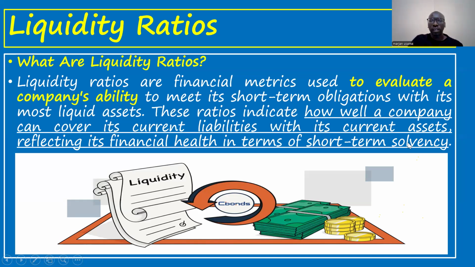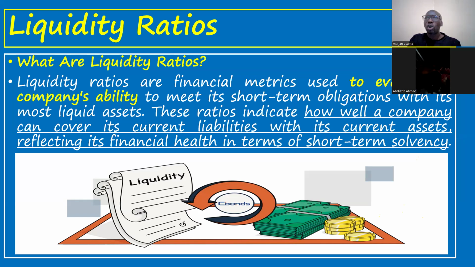So when we are talking about liquidity ratios, we are basically talking about metrics that help us to know if, as a company, we shall be in a position to meet our short-term obligations or our short-term liabilities.